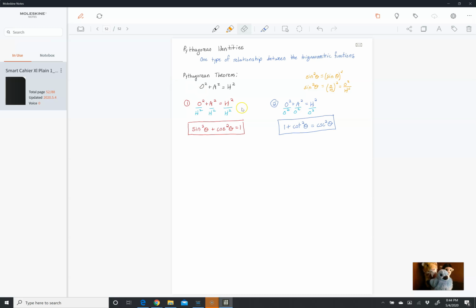So notice we're deriving these identities. We're saying that this is true. And the way that we're doing it is we're taking the Pythagorean theorem and we're just dividing by each of the different sides. So not surprisingly, the third one, you start off the same way. O squared plus A squared equals H squared. And not surprisingly, what do we do? We divide everything by A squared.